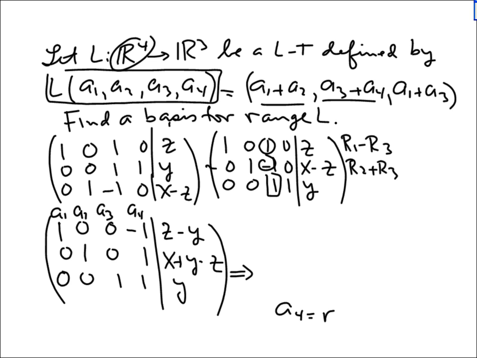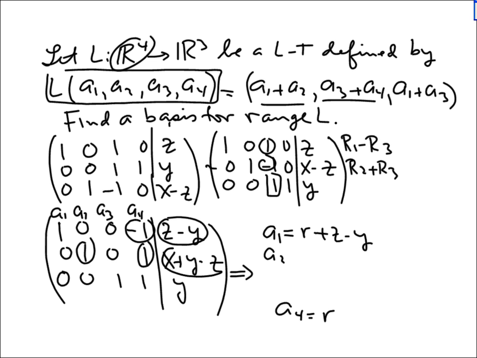The first row tells me that A1 minus A4 is equal to that. So A1 is equal to A4 plus z minus y. The second row tells me that A2 plus A4 equals that.